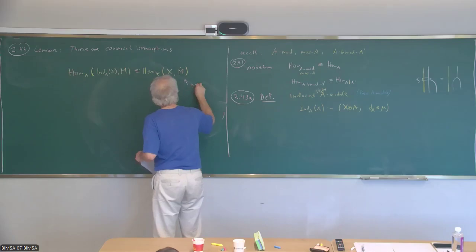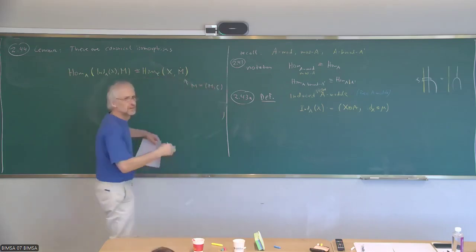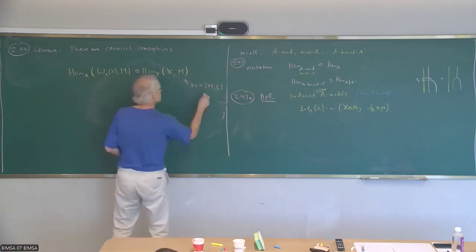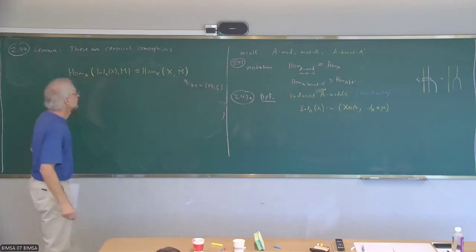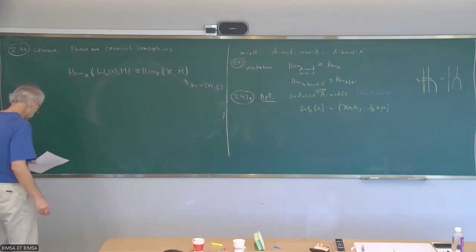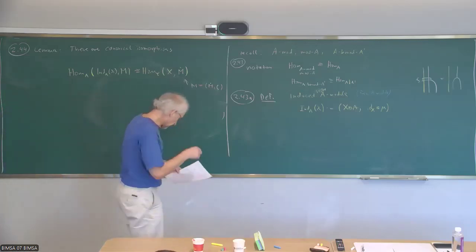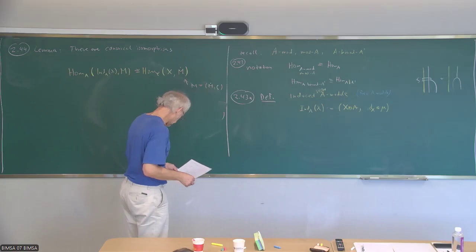Remember I had this notation M. We write this as M_ρ if no confusion can arise, and if we want to specify this, we write M dot.